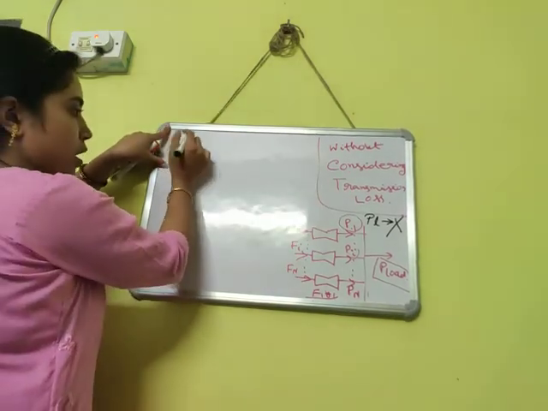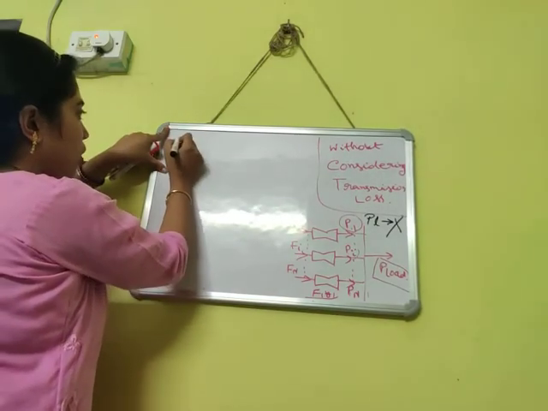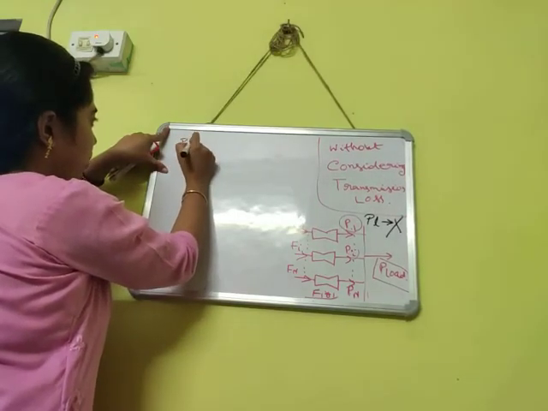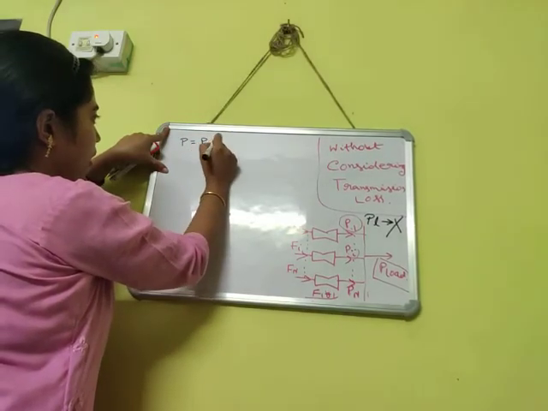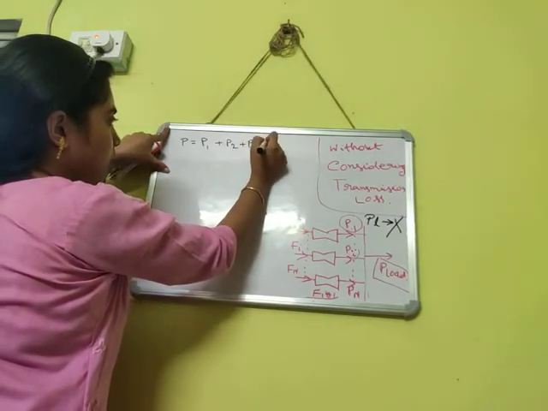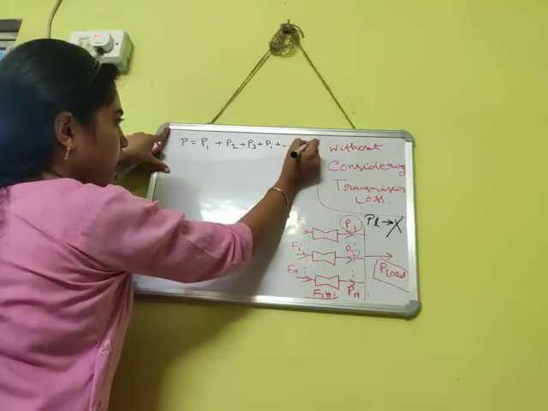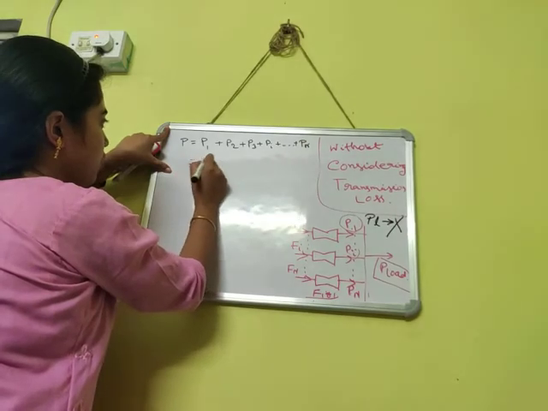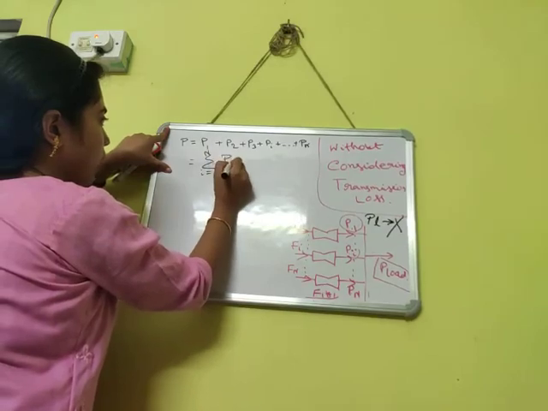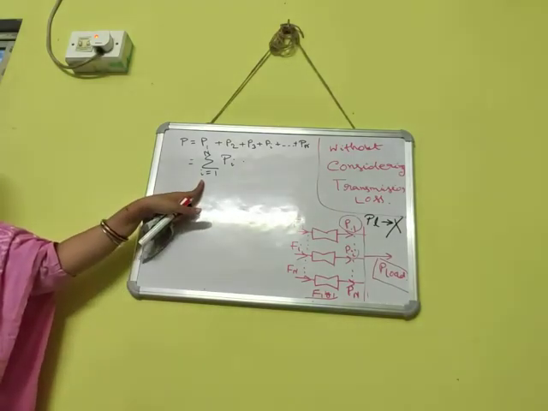Suppose if we consider the cost function here, P will always be P1 plus P2 plus P3 plus Pi up to Pn, which is equal to summation of i equals 1 to n Pi. This is the total power.